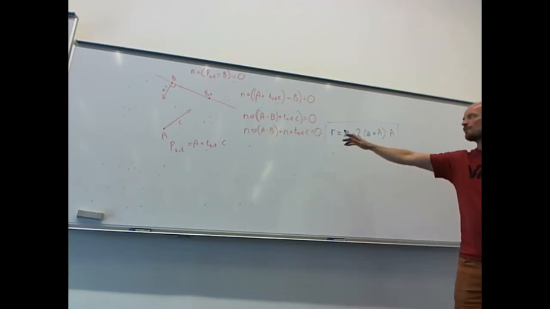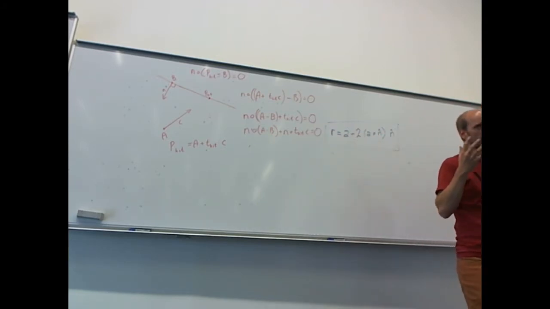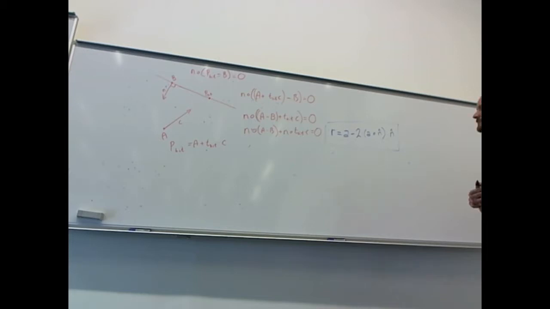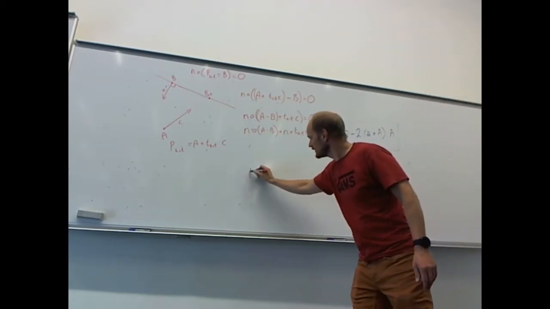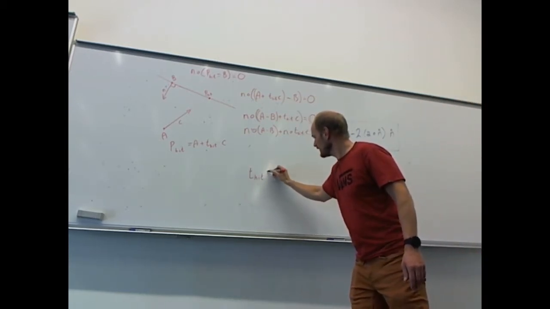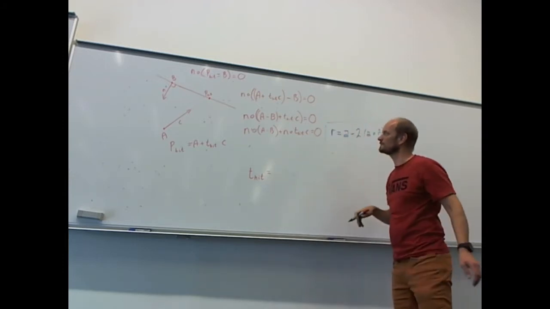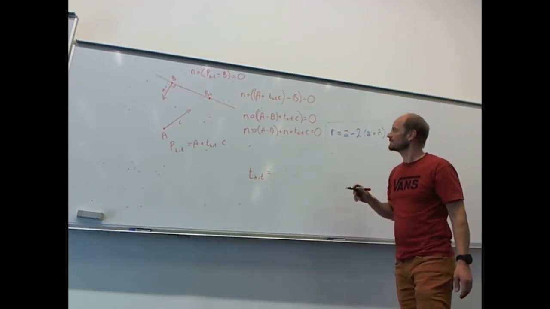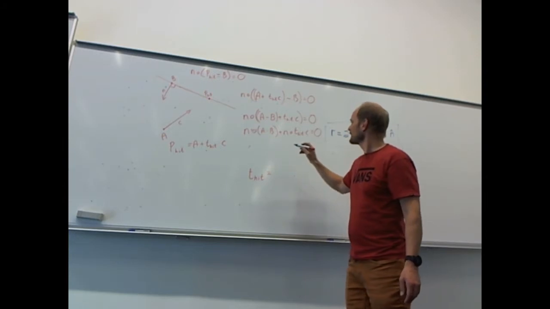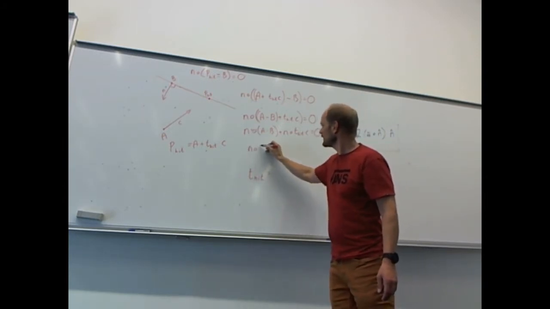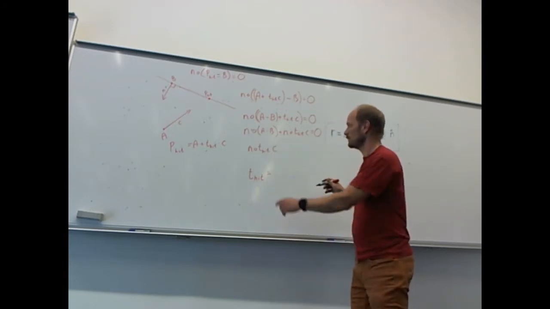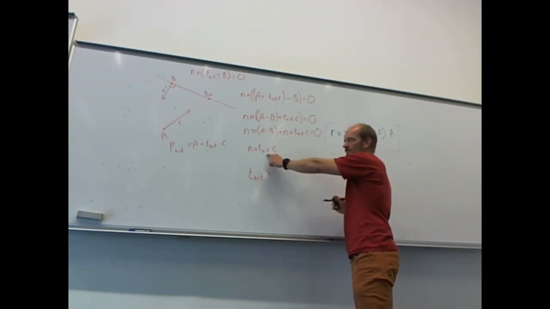Okay, I'm trying to solve for T hit. How can I continue this to actually solve for T hit? I want to end up here with T hit equals some stuff. So I can say n dot T hit times C. Well, where could this T hit also be?